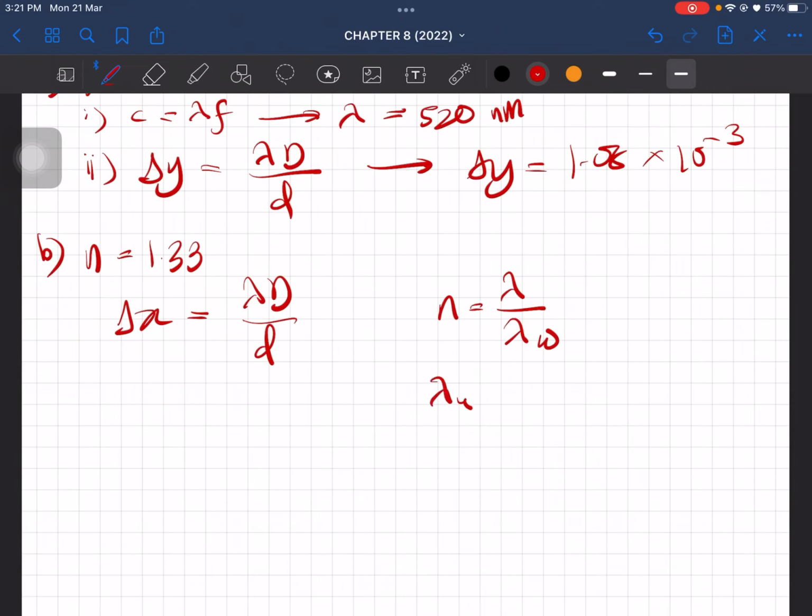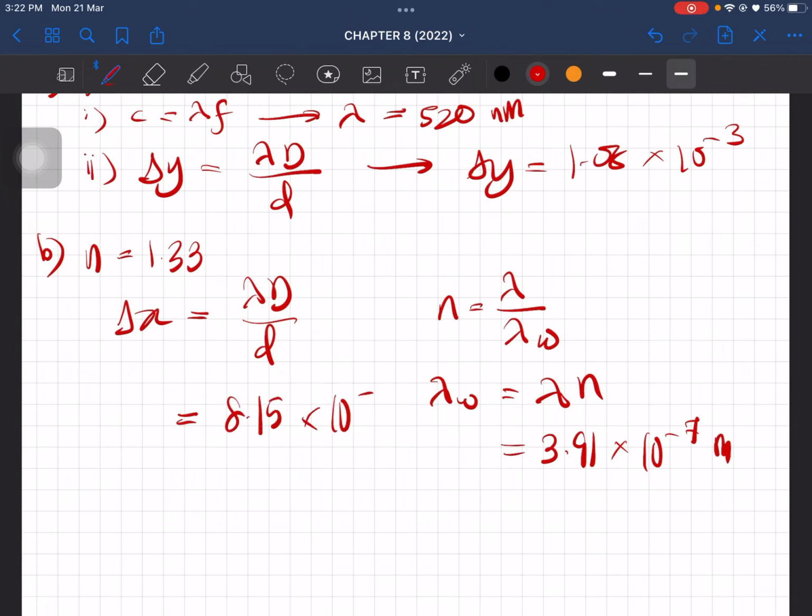So that is going to be equal to lambda over n. So you will get the new wavelength of light to be equal to 3.91 times 10 to the negative 7 meters. Substitute that into this formula and you should get 8.15 times 10 to the negative 4 meters.